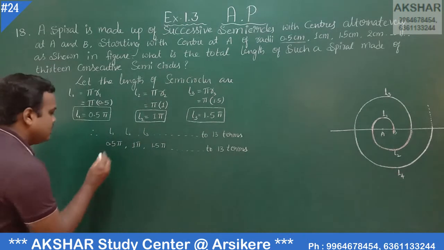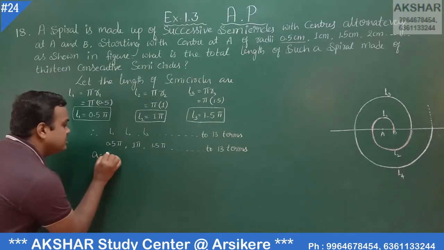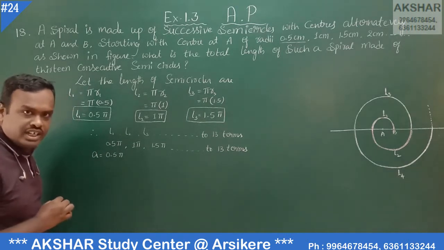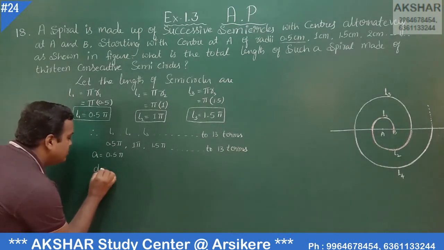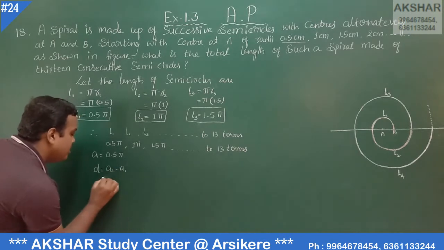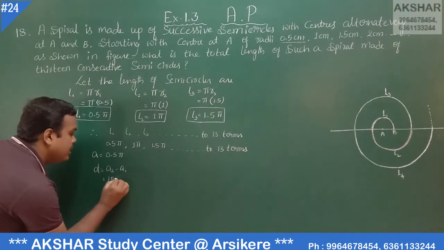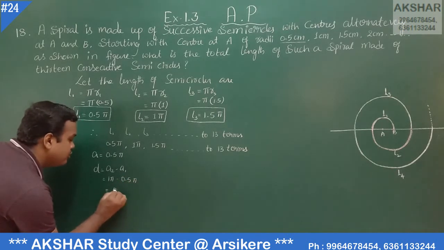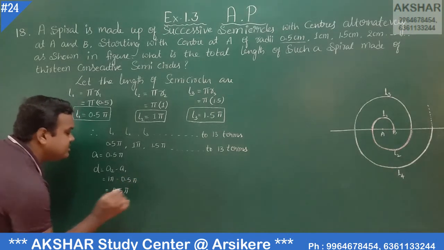That gives the sum of 13 semicircles, nothing but the length of the spiral. Therefore, the first term a is 0.5 pi. Clear? Next, d is equal to a2 minus a1, which is 1 pi minus 0.5 pi, which gives 0.5 pi itself.